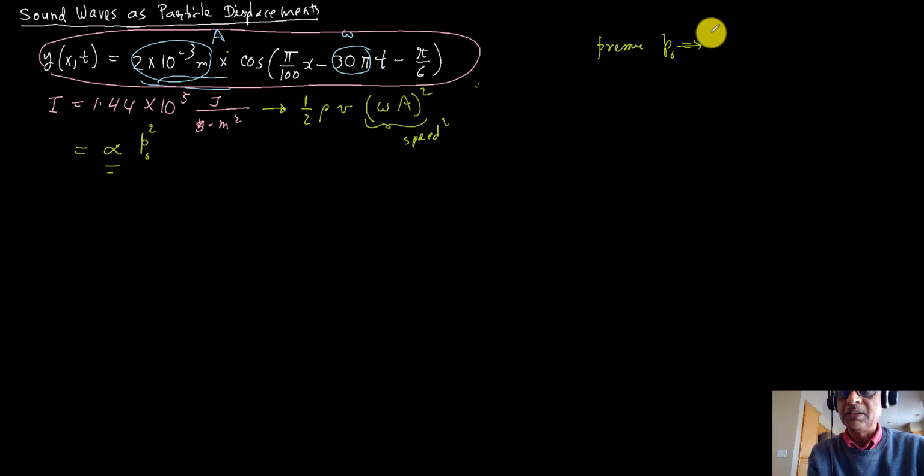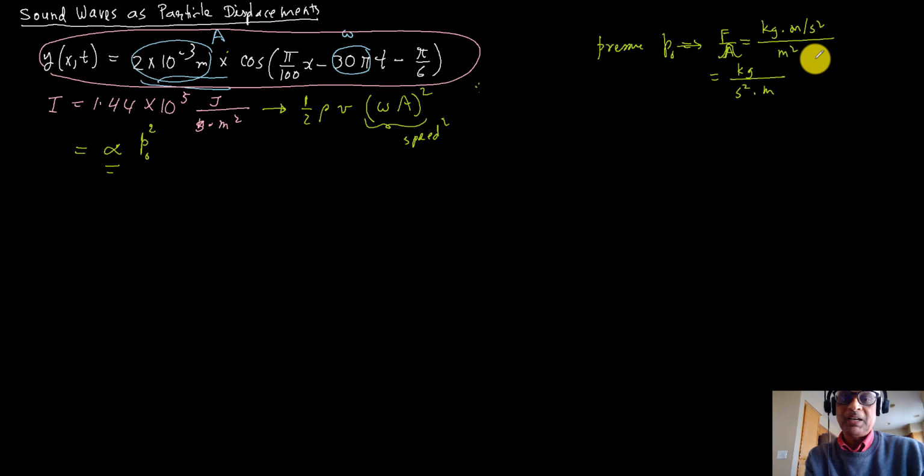So the pressure P0 has units of force over area. Force is kilogram times meter over second squared, and area is meter squared. So this is kilogram over second squared meter. Well, I see density times a velocity, speed cubed.